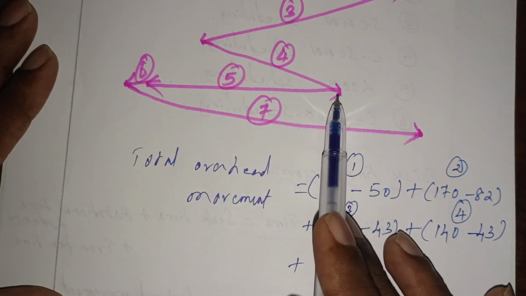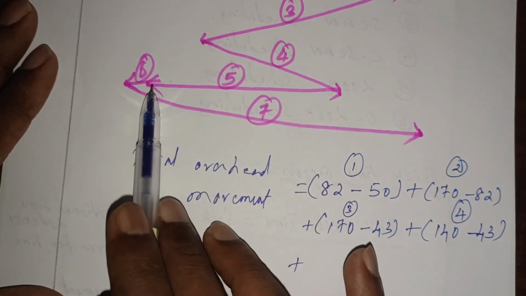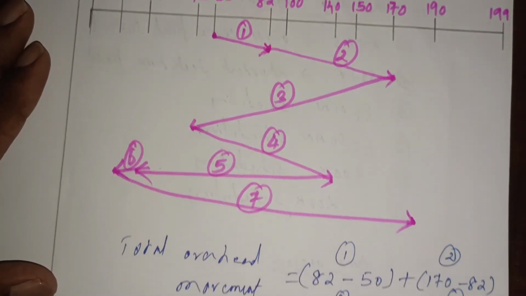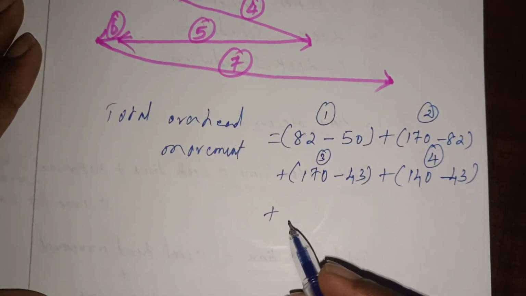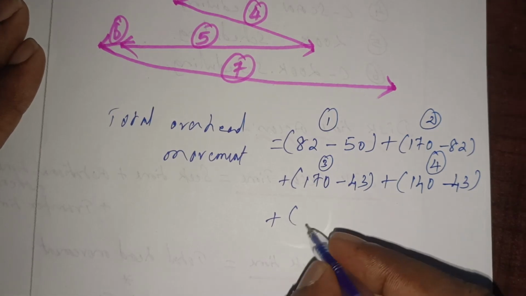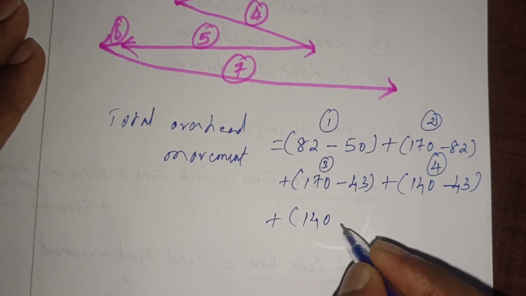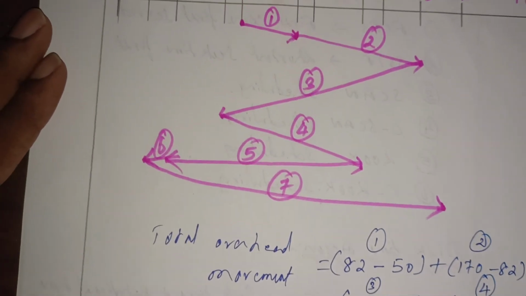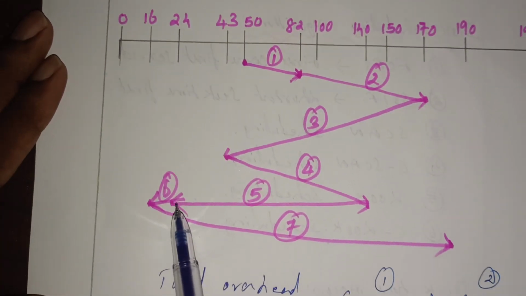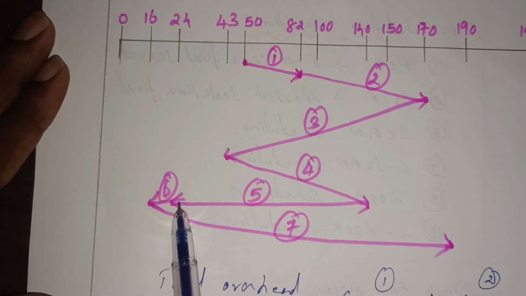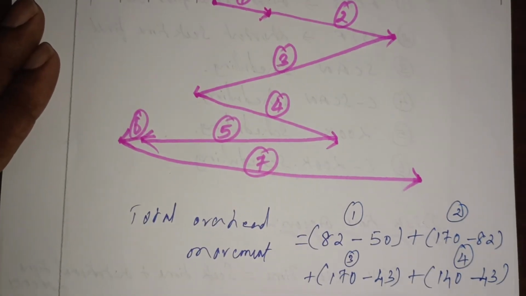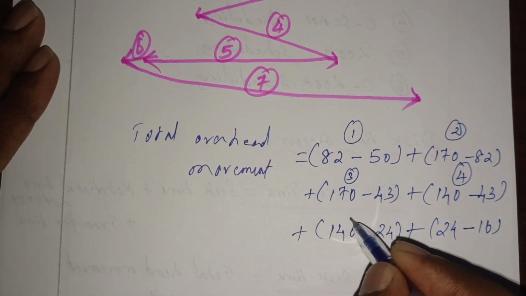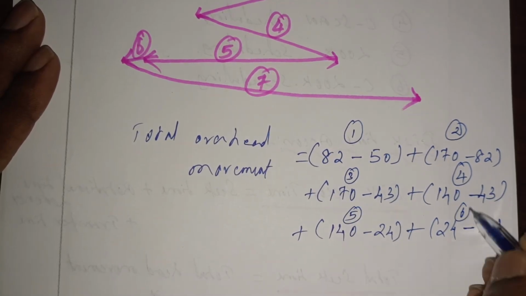You can check it, that is 140 to 24. That is the fifth head movement, so I am going to take that, 140 minus 24, plus. After that, the sixth head movement is 24 to 16. So 24 minus 16. So this is the fifth head movement, this is the sixth head movement.